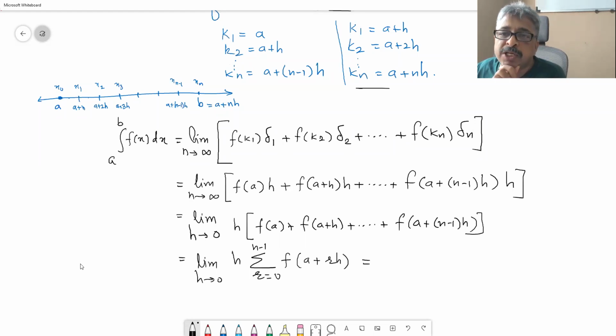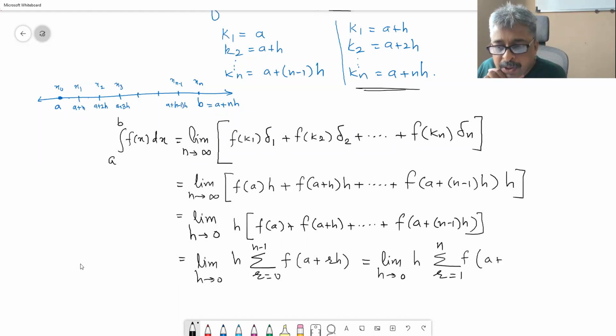And if we would have chosen this, then our formula would have been limit h tends to 0, h sigma r goes from 1 to n f of a plus rh.